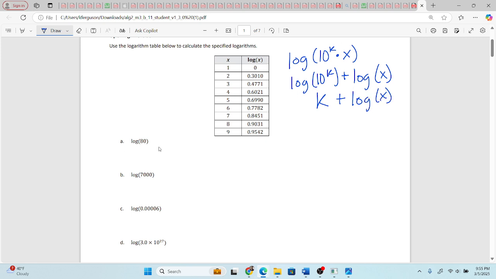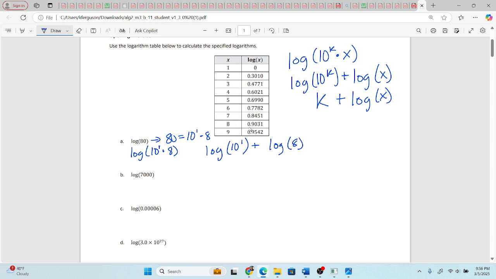So let's look at what we got here and see about writing it correctly. So I've got log of 80. 80 is 10 to the first power times 8. So that's what we're going to look at it as. Now I'm going to write that as log of 10 to the first power plus log of 8.